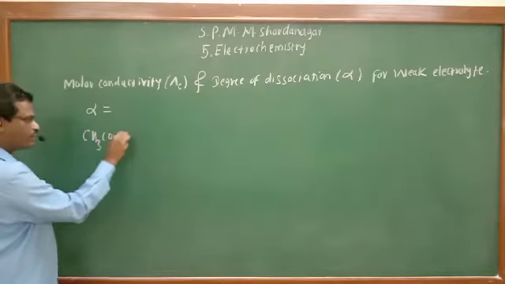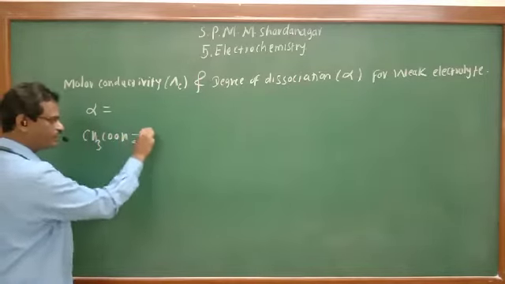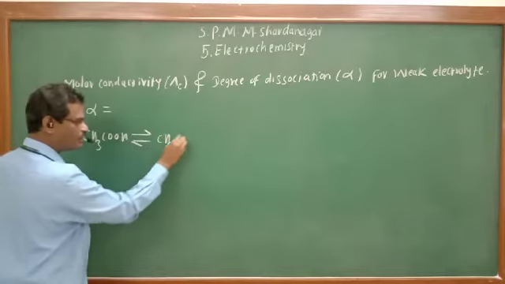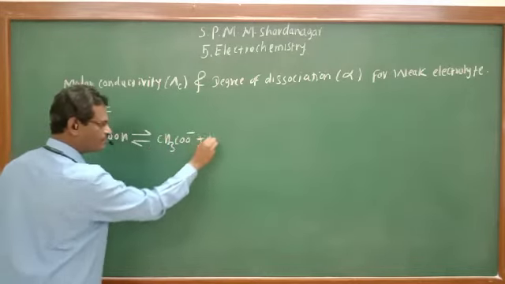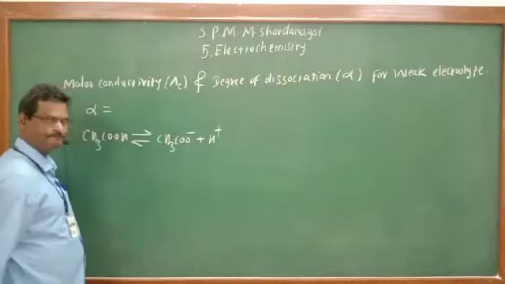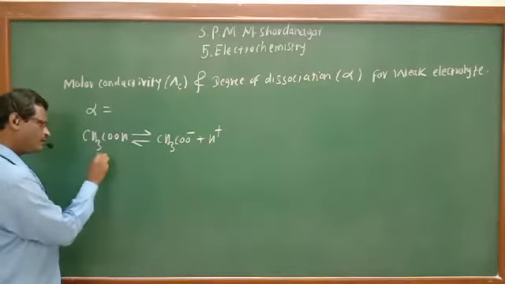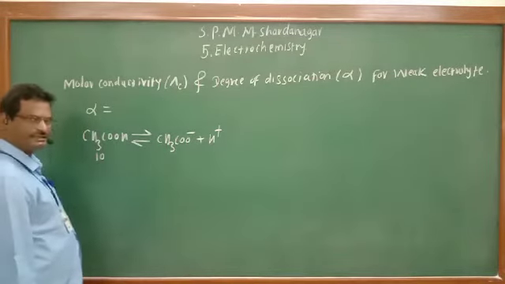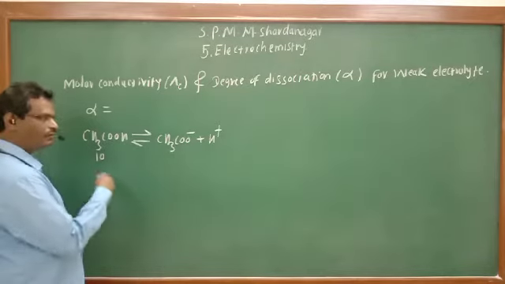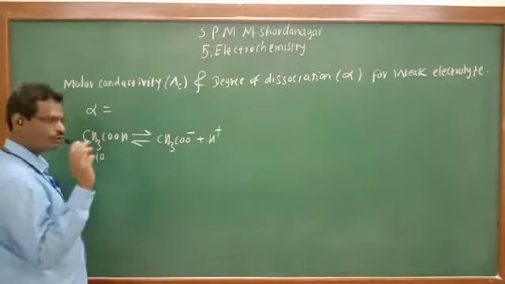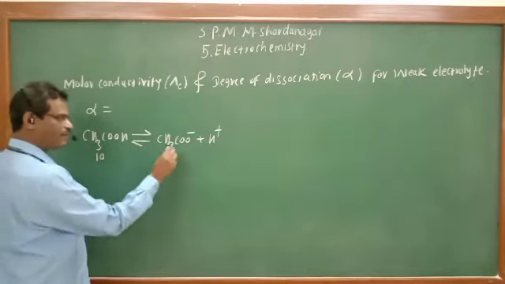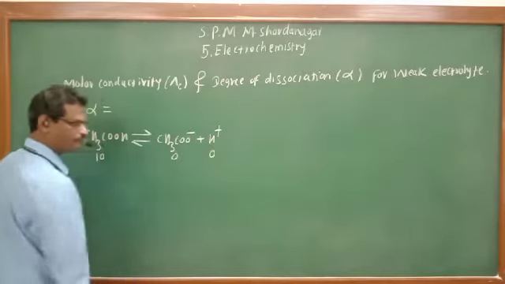Let me explain the same fact once again. Let CH3COOH, we know this is a weak electrolyte. It is undergoing dissociation, giving acetate ion and H plus ion. If we have 10 moles of acetic acid, out of 10 moles, just 1 mole undergoes dissociation. At start this is 0, this is 0.